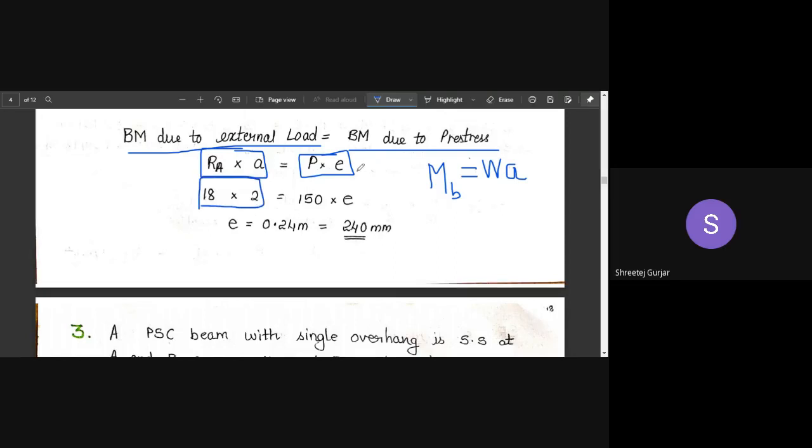This is the bending moment due to pre-stress, which is 150 kilonewton into E. The only unknown is E. So you can solve and find that the eccentricity E is 240 mm at the midspan.